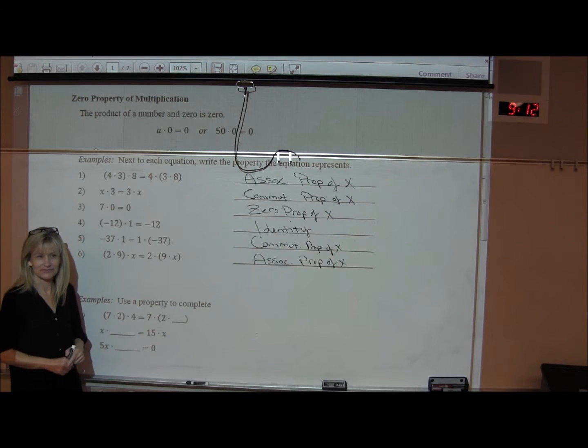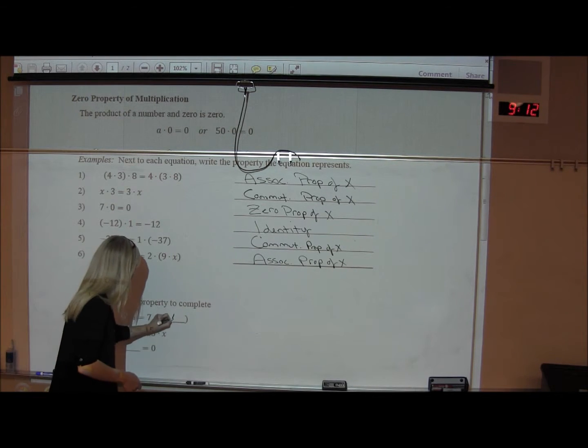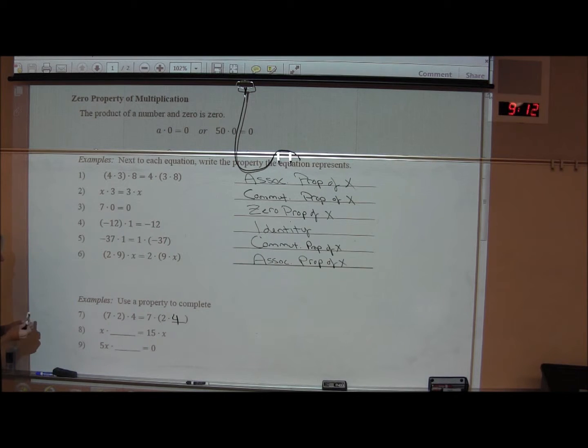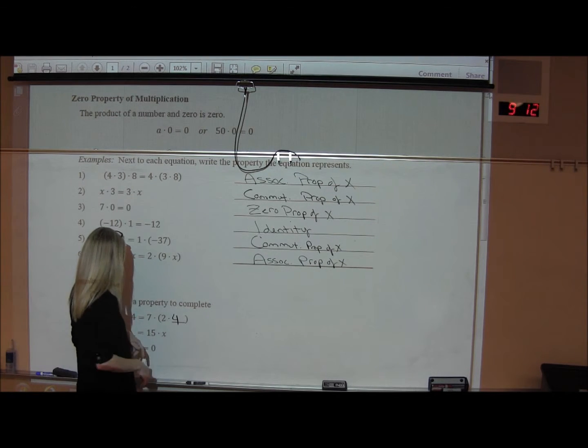What would go there? 4, exactly. And anybody know what property that is? Only the parentheses have moved. Associative. That's the one where only the parentheses move.